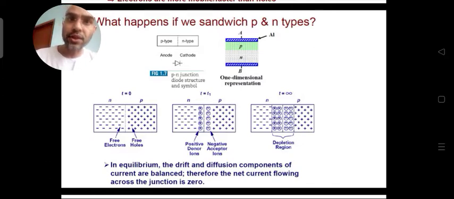To drift the charges from one region to another, you have to apply an external voltage which is more than this built-in potential, so that it overcomes this inbuilt electric field. In the case of silicon that voltage is 0.7 volt, we all know that. In the case of germanium it is 0.3.